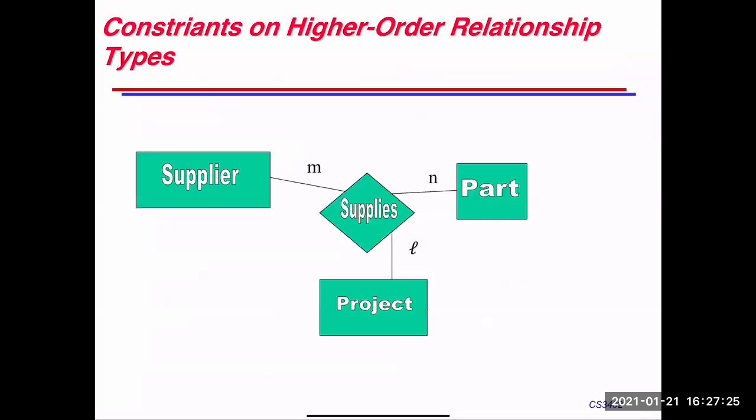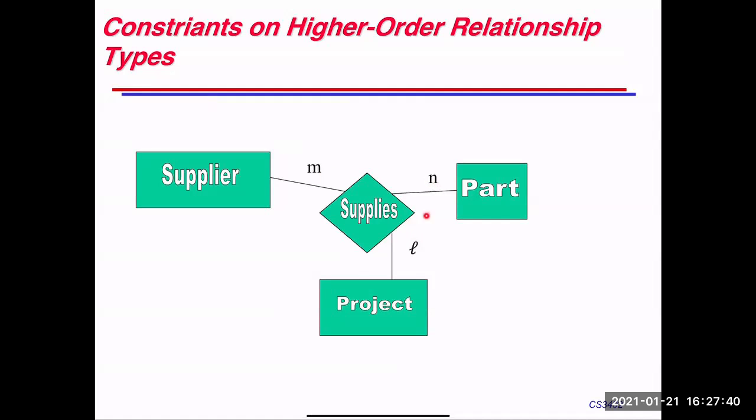Okay, so now let's look at constraints on higher order relationships. So in general, what does it mean if we have these cardinality constraints here?